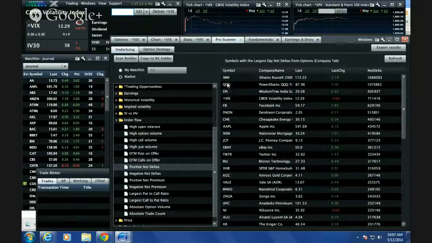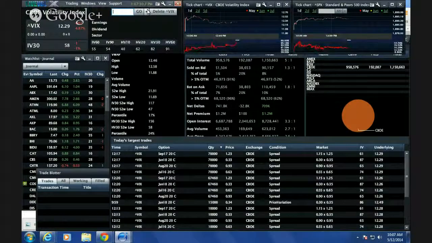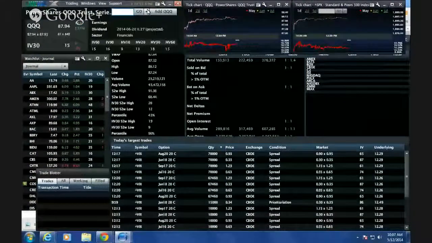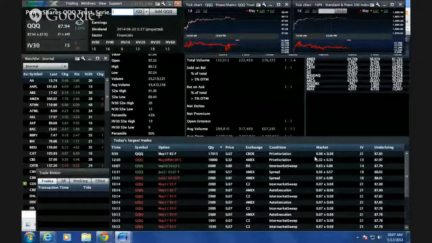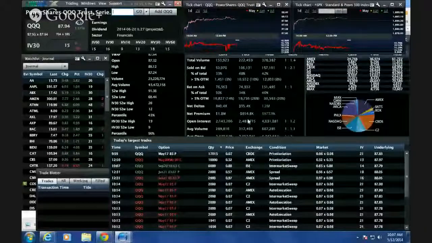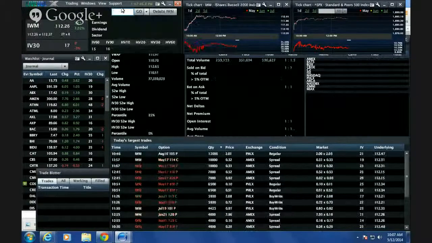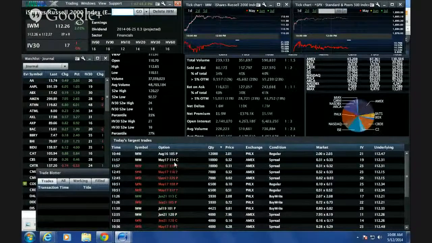But what was interesting was that IWM and QQQ are on this list, right? So if I type in QQQ, right here, basically more puts traded in QQQ, but as you can see, most of them are selling puts. And then in IWM, also most of it is selling puts.